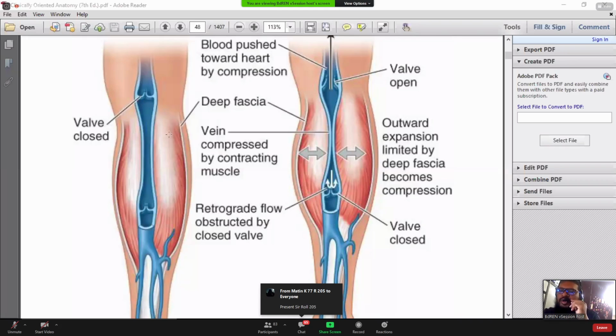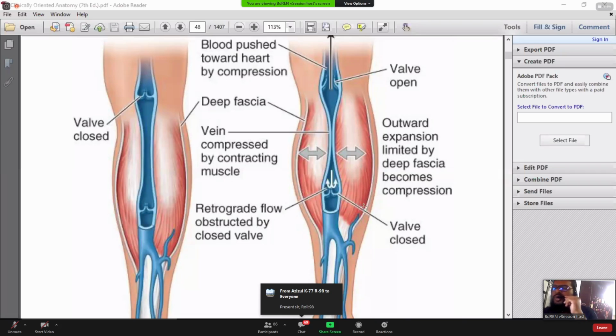So what happens? This is a relaxed muscle and this is a contracted muscle, and you can see the length of the muscle has shortened, but at the same time it has increased in girth, that is the breadth. And what is actually limiting the external limit of the muscle's width is the deep fascia of the lower limb.